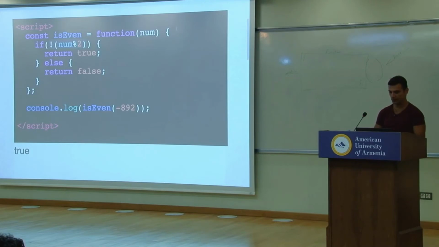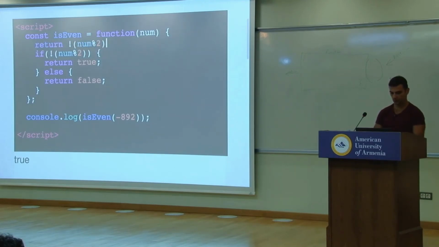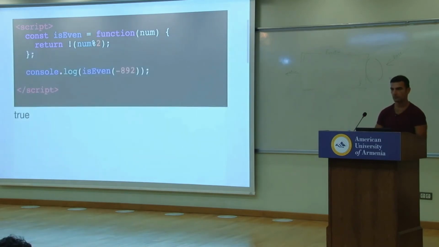What if I were to instead just do this? Very cool. Watch. If this number was 100, the remainder would be 0, right? So this would turn into 0. 0 is falsy, yes? So it's here.